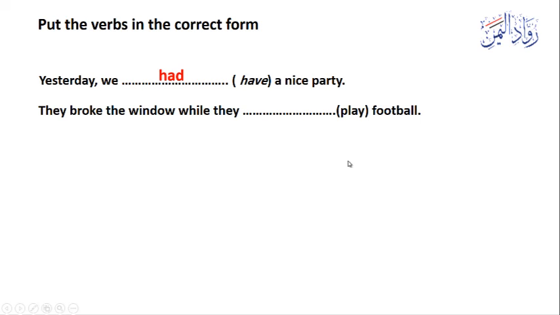They broke the window while they play football. This is a relationship between two tenses. There are keywords like while. It means there is a relationship between past simple and past continuous. So this is the past simple. We need here to write past continuous. Good.